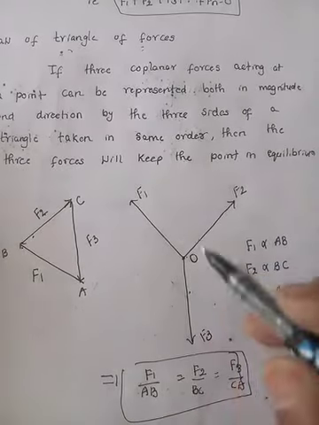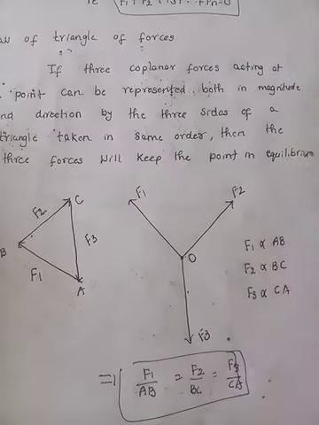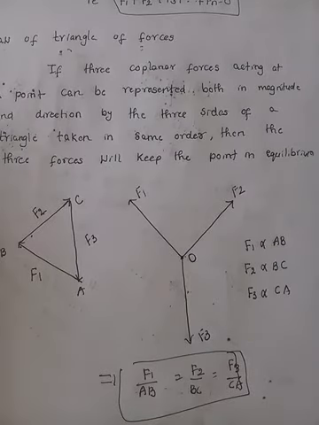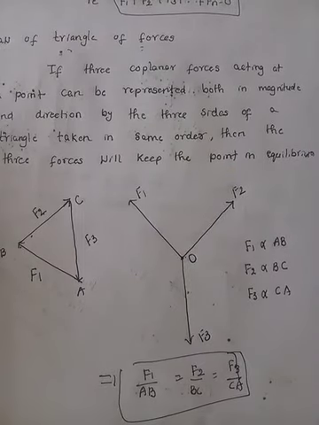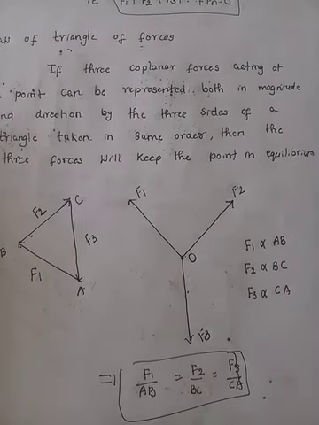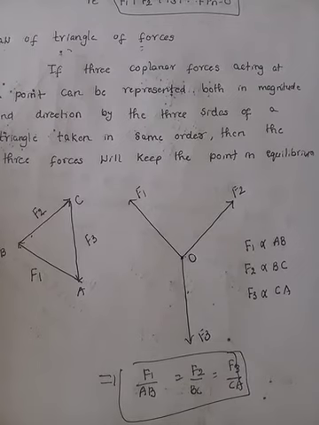If you know this, we can easily find the force acting on the other end. If you know F1, F2, can't you calculate F3? Or if you know F1, AB, BC, can't you calculate F2? So we can easily use this formula to calculate the force acting or the length, anything. Next one.